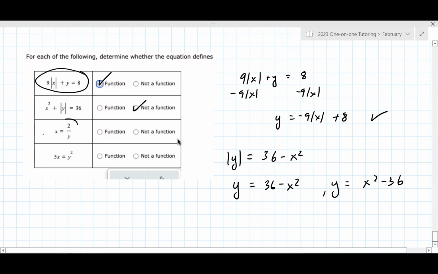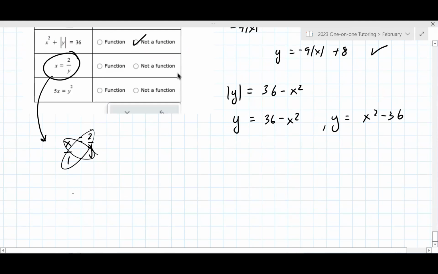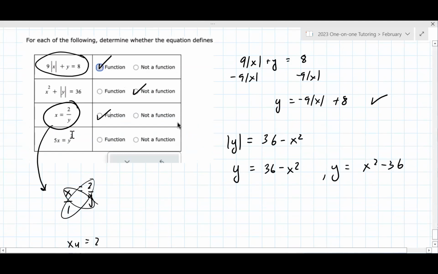Right. The next one looks odd, but if you solve for y, which you can, yeah. You can cross multiply here. And you get xy equals 2 divided by x. This is okay.